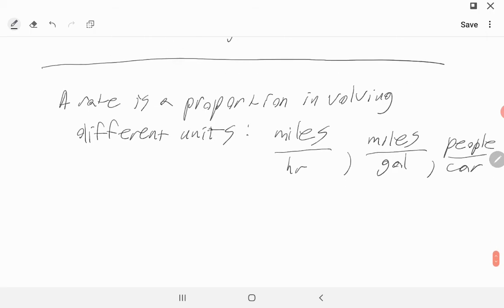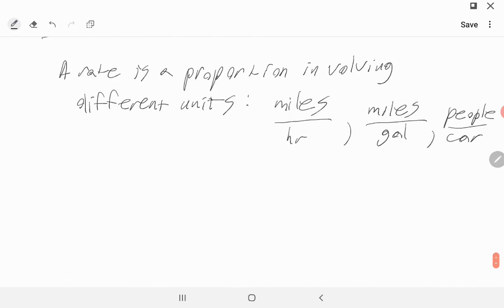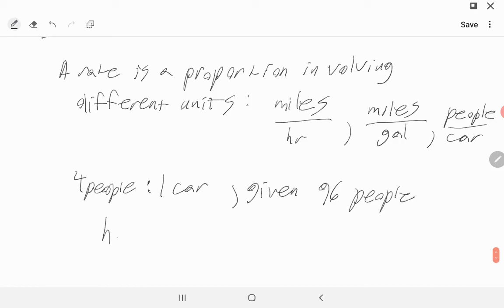And so we notice that if we know that 4 people fit in one car, and we're given 96 people, how many cars do we need?